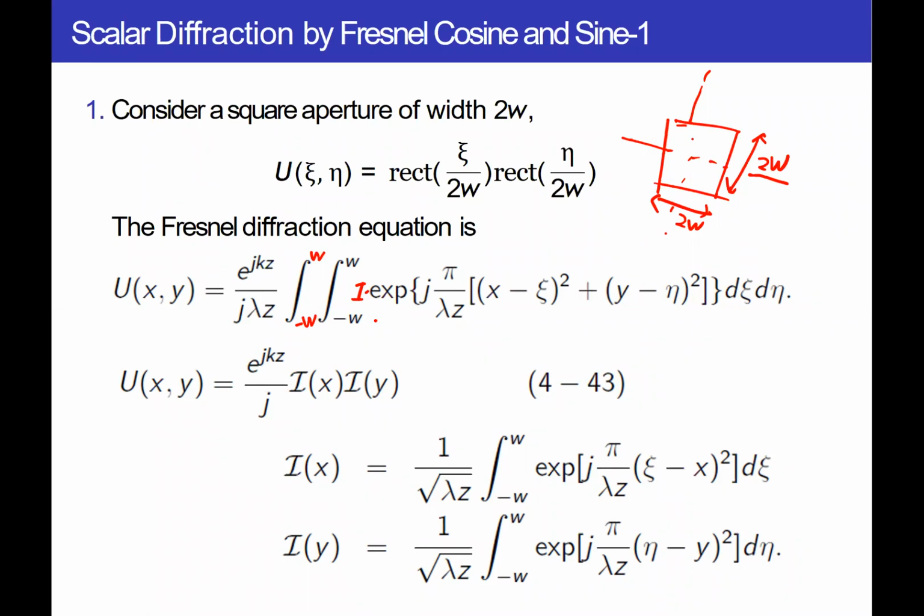And if you look at it, it is decoupled. It is a function over x and a function over y only. And then it is given by Ix times Iy. Ix is nothing but this term, and Iy is this term. Okay, that's what we already know.